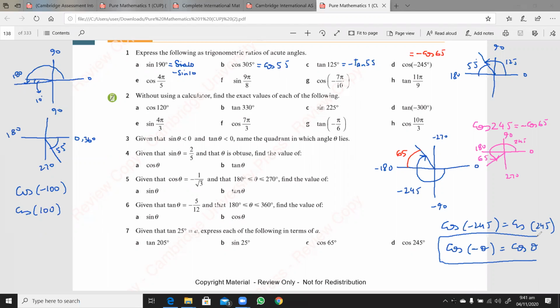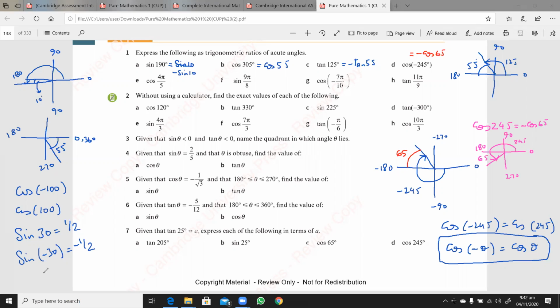You know what happens in case of sine and tan? Check from your calculators what is sine 30. You will get half. And then you find what is sine of minus 30. You will get minus half.